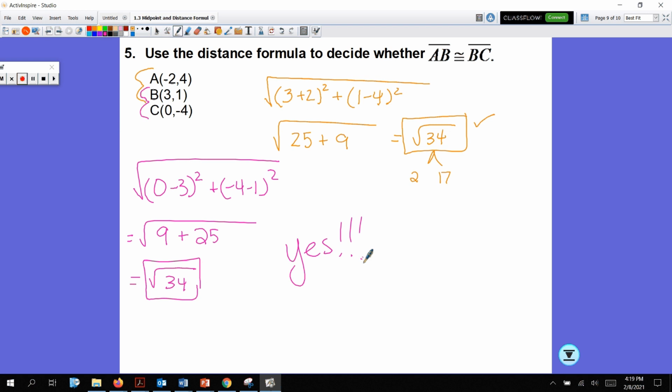Don't forget, you learned 2 new formulas. The distance formula, and I'm going to write them down again. I know they're on the papers I gave you, but just in case. This is the distance formula, or length.